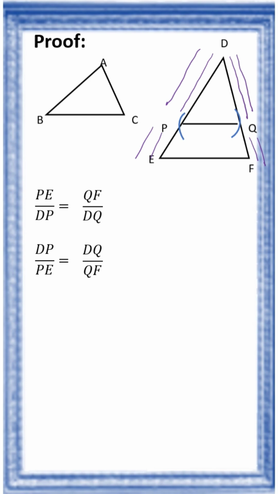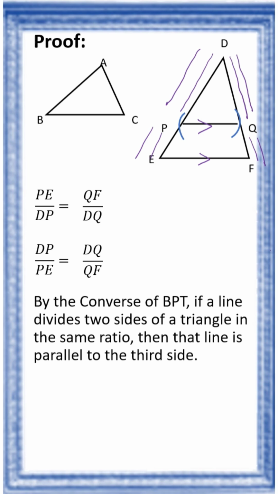If a line divides any two sides of a triangle in the same ratio, then the line is parallel to the third side. By converse of BPT, if a line divides two sides of a triangle in the same ratio, then the line is parallel to the third side. Hence, PQ is parallel to EF.